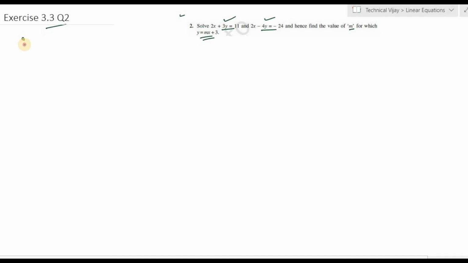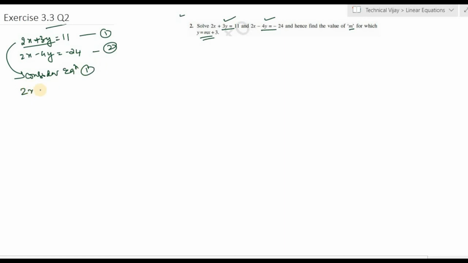So consider 2x plus 3y is equal to 11 as equation 1, and the second equation 2x minus 4y is equal to minus 24 as equation 2.